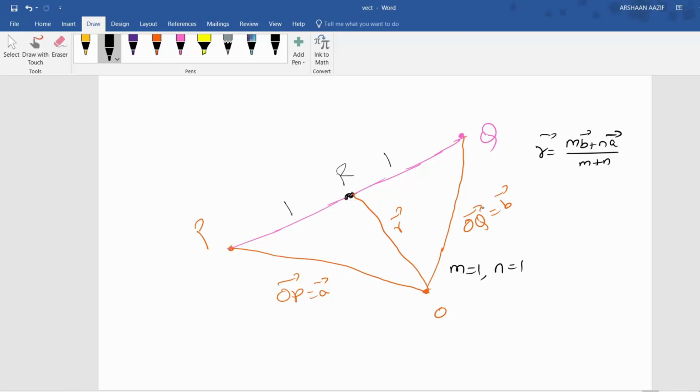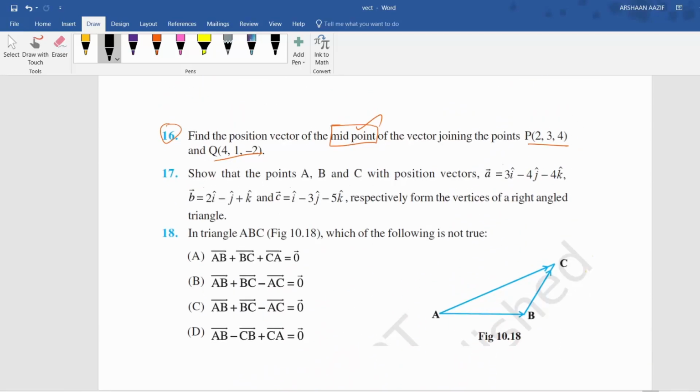Substituting that, we have R vector is equal to 1 into B vector. Generally we take this as M and N, but since it is a midpoint formula, we don't have to worry about whether we take B here or there. So this is my B vector, my OQ vector, and OP vector. The given vectors are OP and OQ.